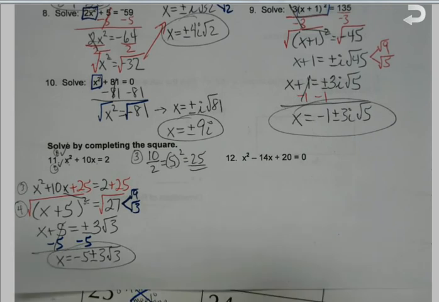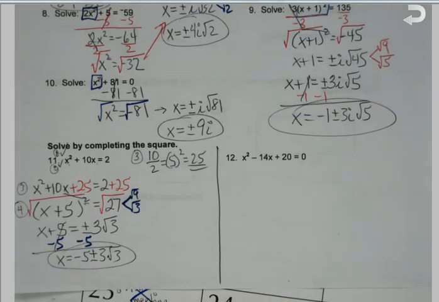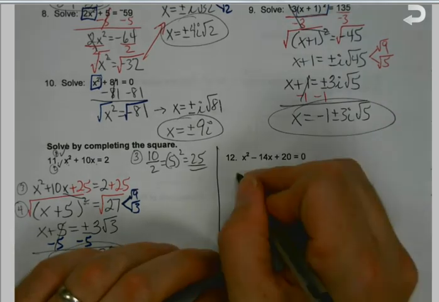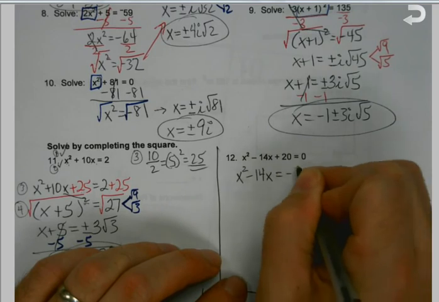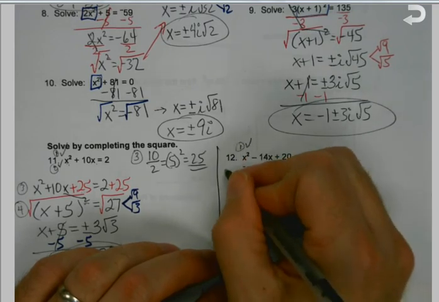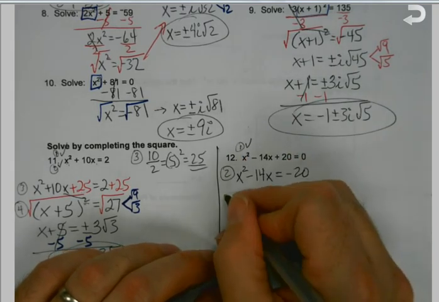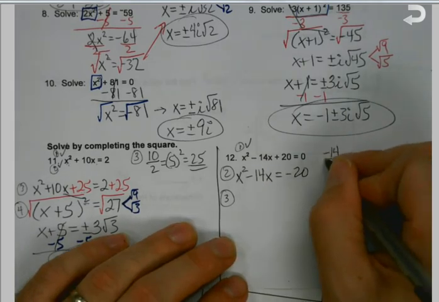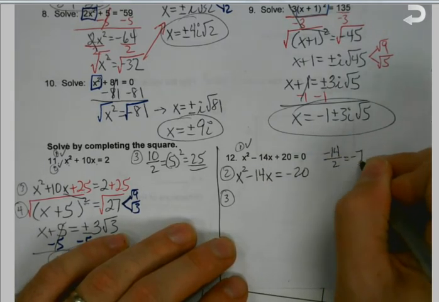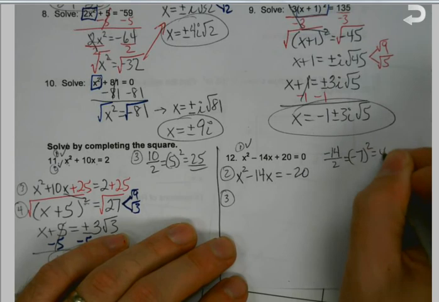And the only difference here between 11 and 12 is that in number 12, I have to do the second step, which is isolate my x squared terms. So step 1 was done. Step 2 is now done. Step 3, my b divided by 2 and squared.